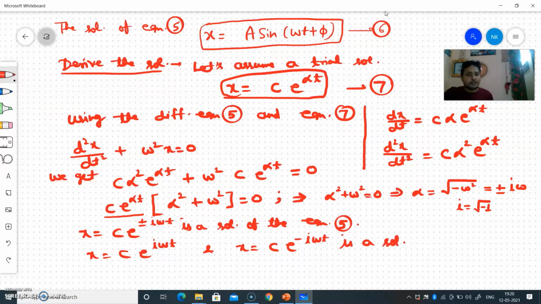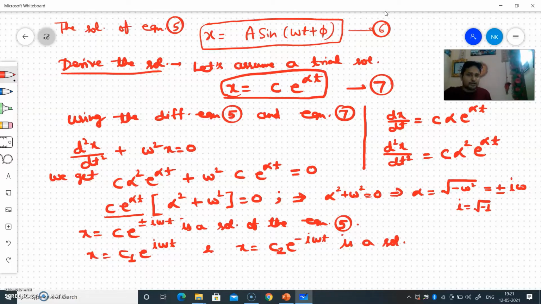So c is a constant, so we can change it to c1. If c exponential i omega t is a solution, then c1 exponential i omega t will also be a solution, because c1 is just a random constant. Similarly, c2 exponential minus i omega t will also be a solution.